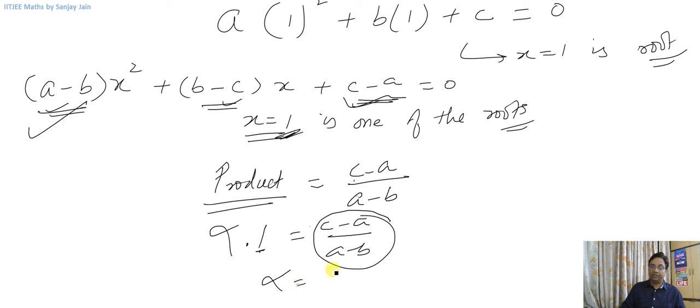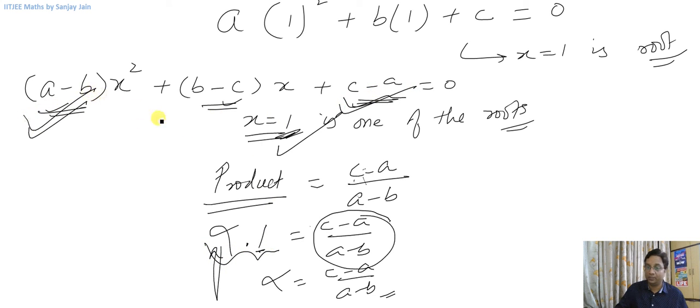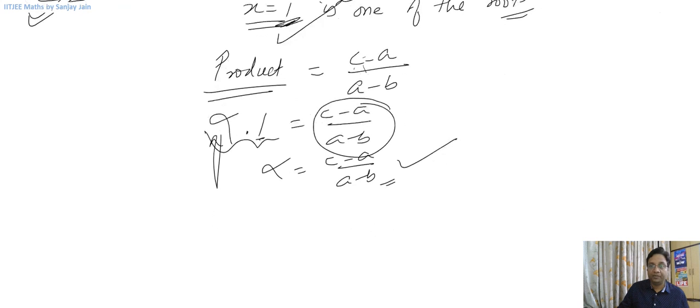Alpha is equal to c minus a by a minus b. x equal to 1 was one of the roots, I considered the other root to be alpha, and the product of roots is constant divided by coefficient of x square. So the other root is nothing but the product of roots itself. This is one of the things that you can keep in mind.